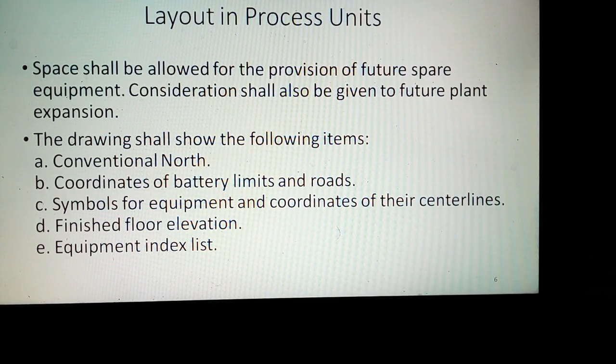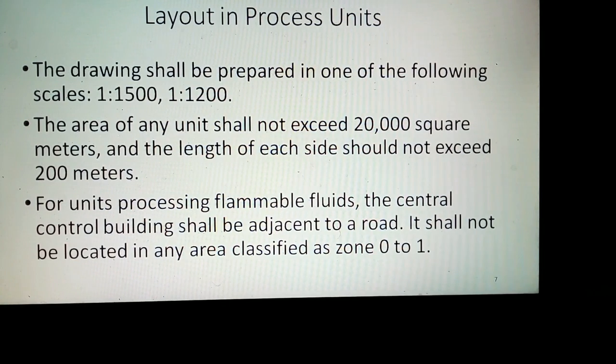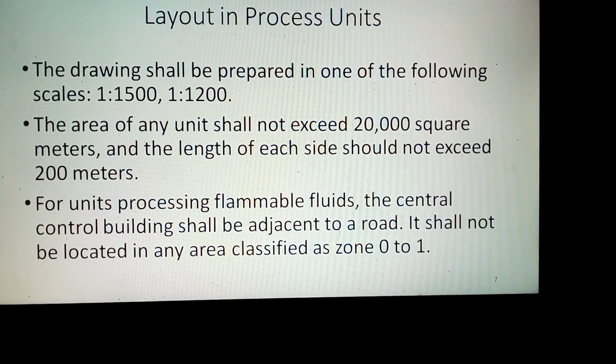The drawing shall show the following items: conventional north, coordinates of battery limits and routes, symbols for equipment and coordinates of their center lines, finished floor elevation, equipment index list. The drawing shall be prepared in one of the following scales: 1:1500, 1:1200.